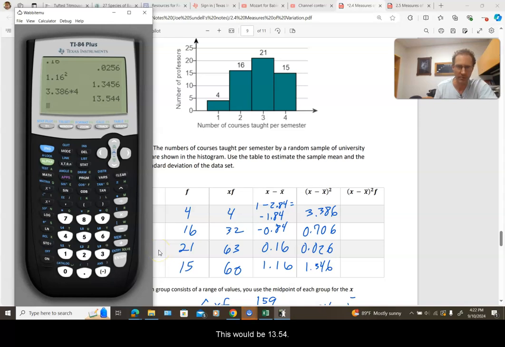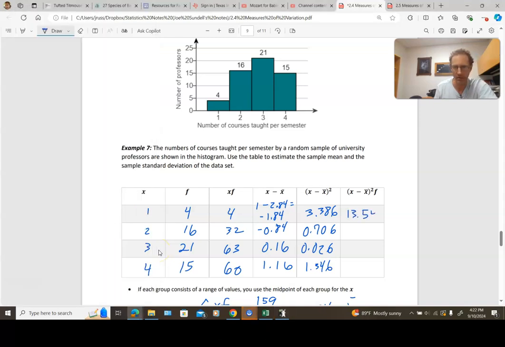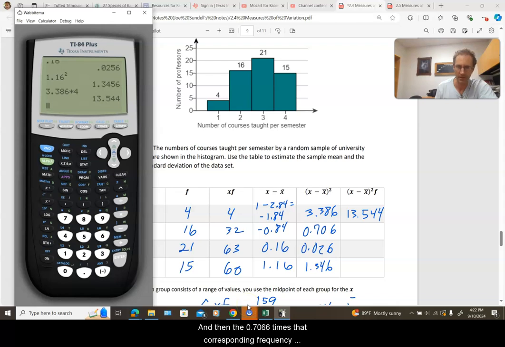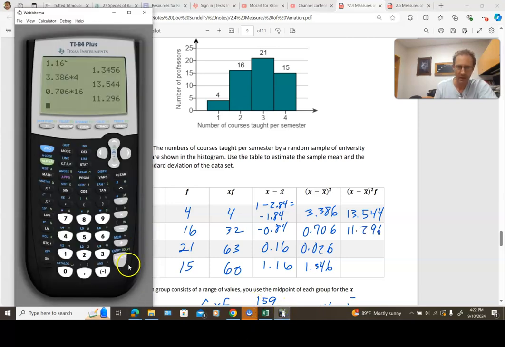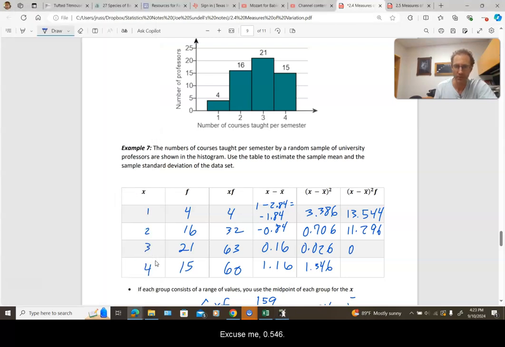And this would be 13.544. 0.706 times that corresponding frequency of 16, and we're going to get 11.296, and then 0.026 times that corresponding frequency of 21, and we obtain 0.546.